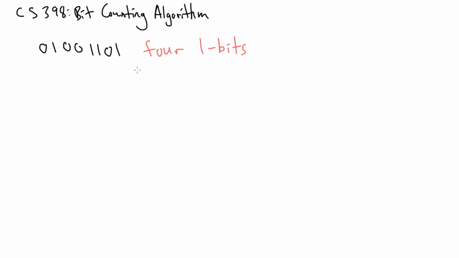We know that if we add 1 with 1, if we don't have a 2-bit number, it's going to overflow. Let me show you that right now. 1 plus 1 is equal to 0 with an overflow of 1. So to actually add 1 with 1, we need a 2-bit number, so we can get 1, 0.